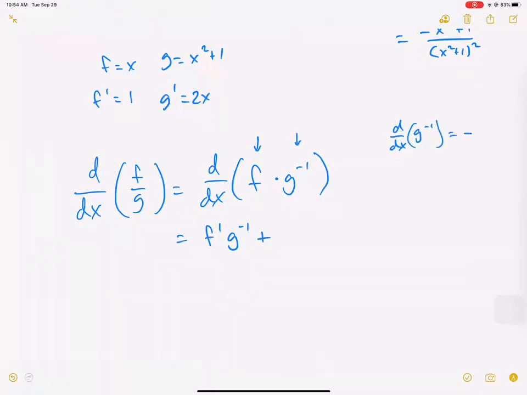That's going to be negative g to the negative 2 power. And then I need to write one more thing. It's called g prime. That's chain rule. You guys have not learned this yet, but we need it for this proof. We'll learn it in the next day. The derivative of g is g prime. So we're going to write negative g to the negative 2 power, g prime. Leave the front alone. Okay.